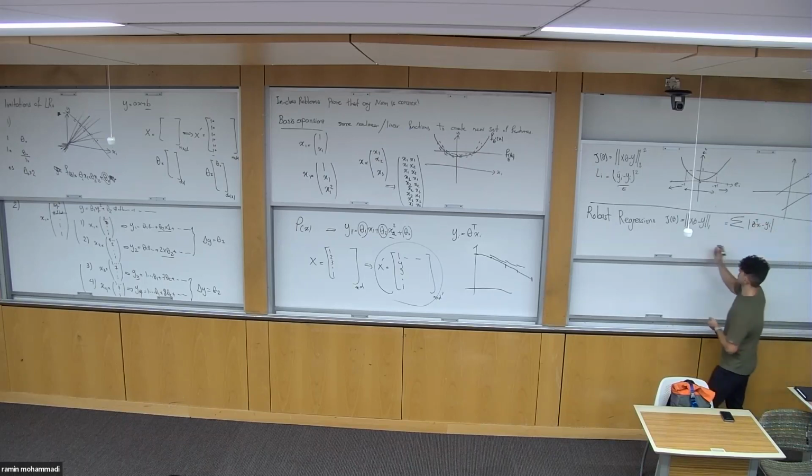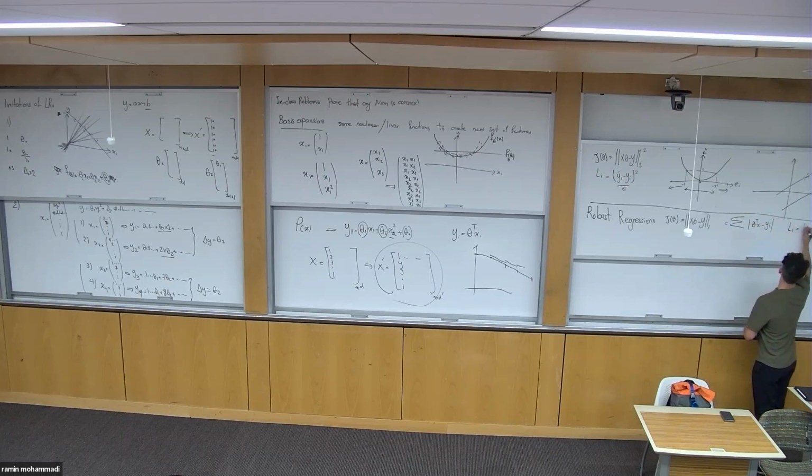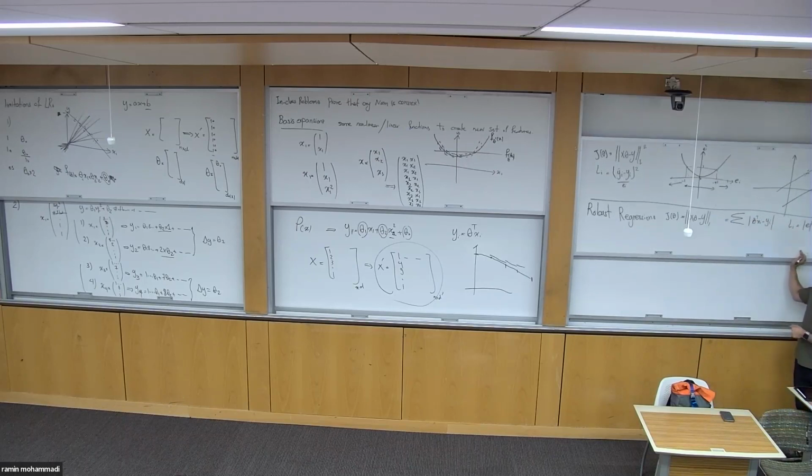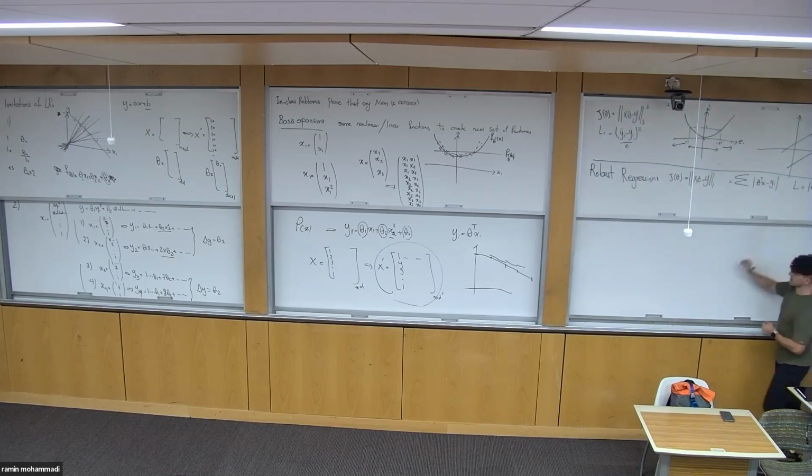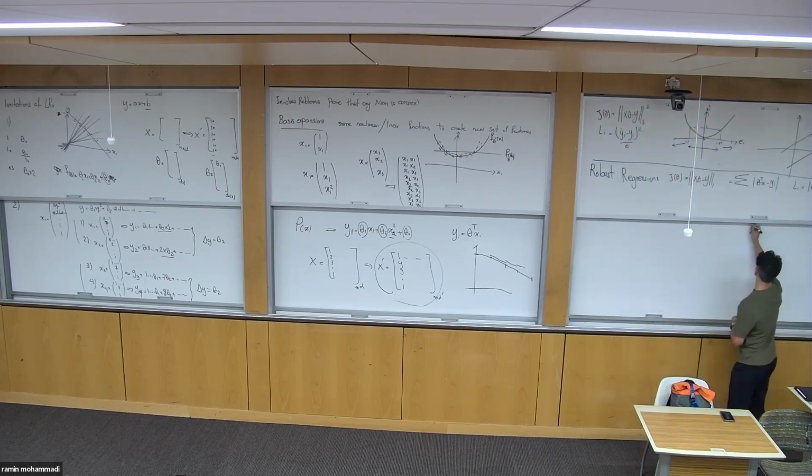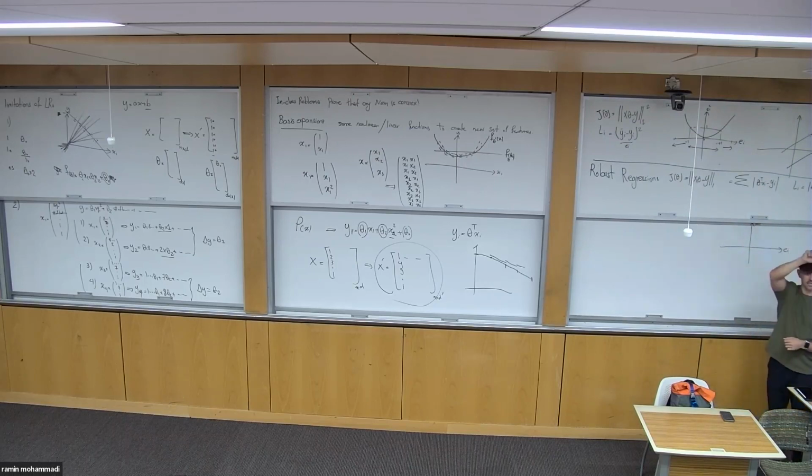So the loss function Li is the absolute value of the error. Now let's see how that looks. If this is the error, this is the absolute value of the error. Everything is linear, so it's going to be like a V. This is how this cost function or loss function looks.